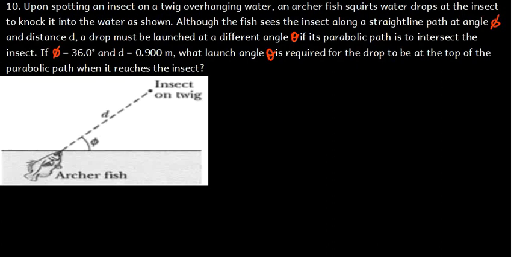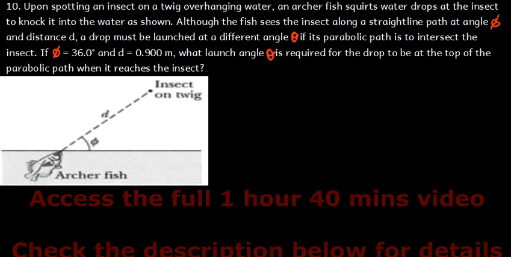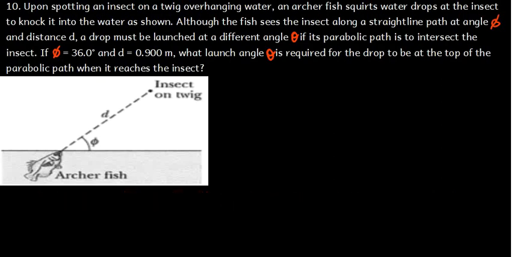Although the fish sees the insect along a straight path at an angle phi and a distance d, a drop must be launched at a different angle theta if its parabolic path is to intersect the insect. If phi is 36 degrees and d is 0.900 meters, what launch angle theta is required for the drop to be at the top of the parabolic path when it reaches the insect?